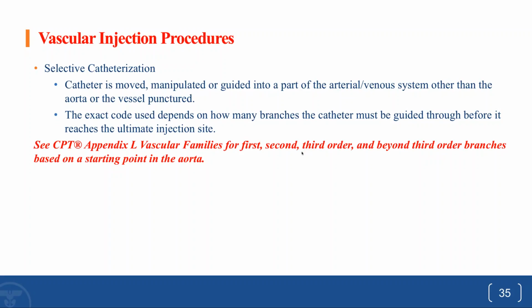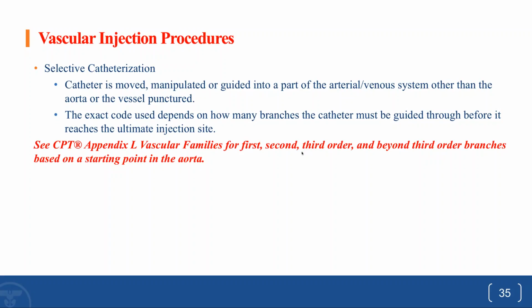These are CPT codes, by the way. 36216, and you can see in the second order branch, you're going to find your common carotid, your subclavian axillary, your internal carotid, and your external carotid. That's in your second branch. These are the vascular orders, the families.